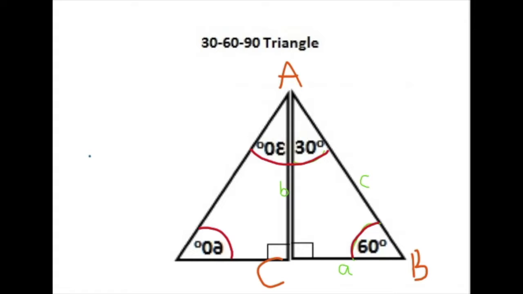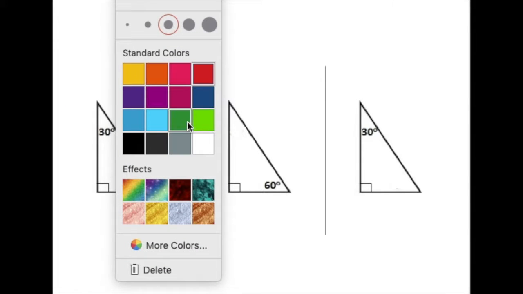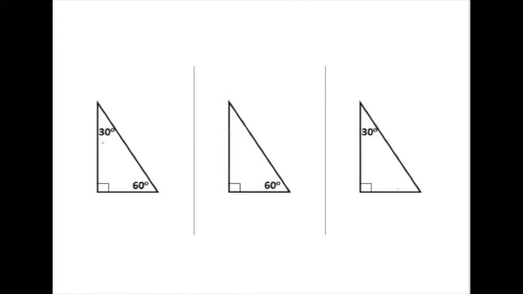Alright, so now if I come across a triangle during the test, how do I know whether or not this is a 30-60-90 special triangle? Well, number one, you'd be given both of the internal angles, that's 30 and 60.